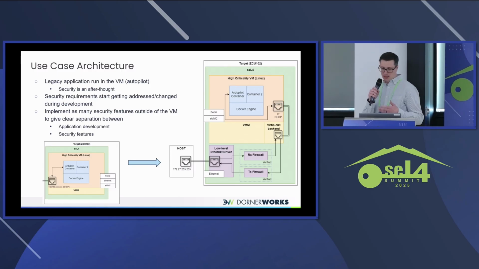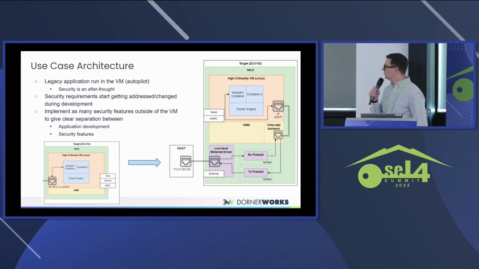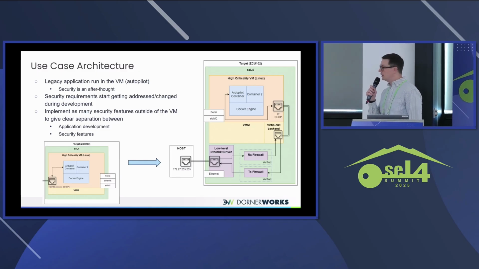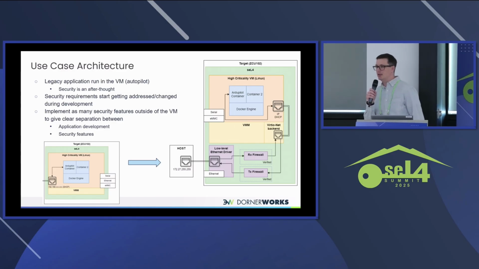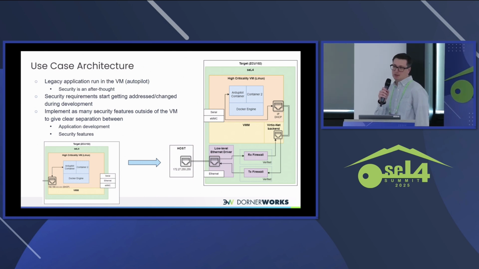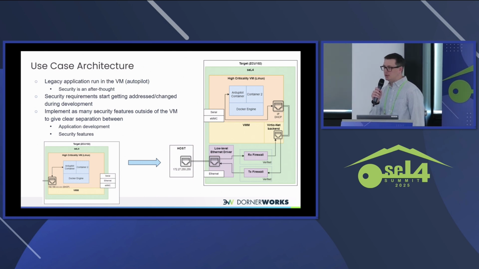One way you could do that in the system on the left is to implement, say, a firewall within Linux. However, if you need guarantees and confidence on that, good luck verifying the Linux firewall, right? You're not going to do it because of its interconnected nature.